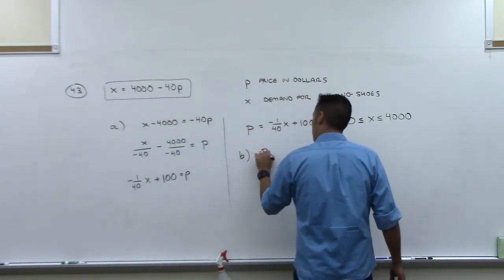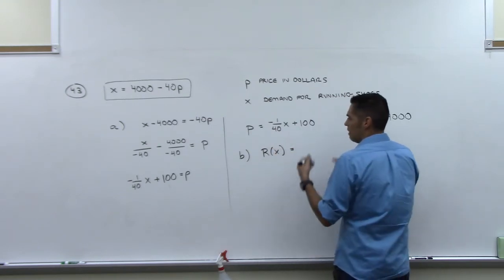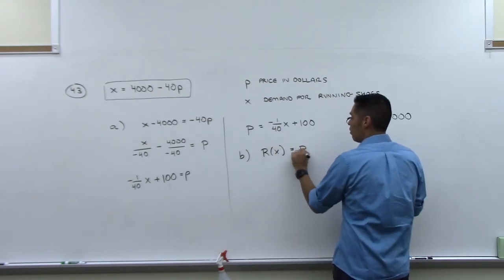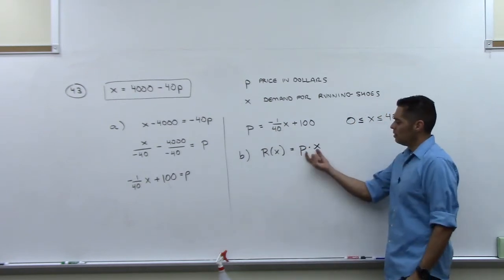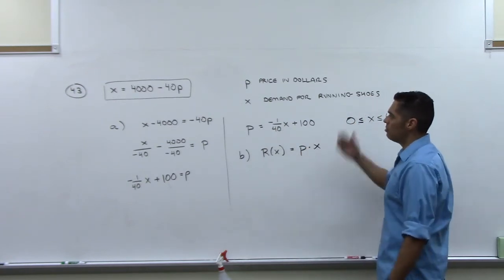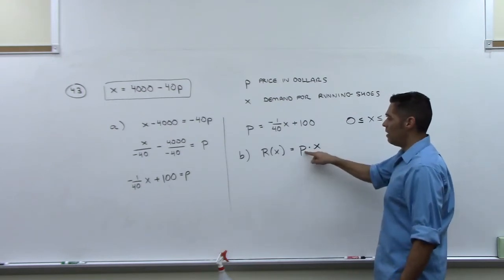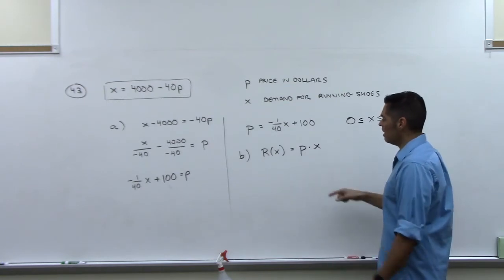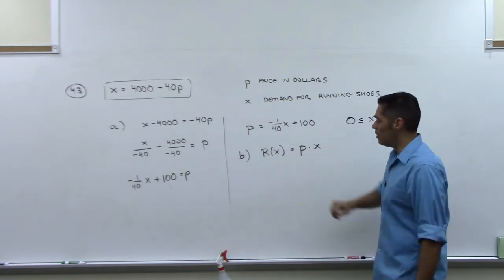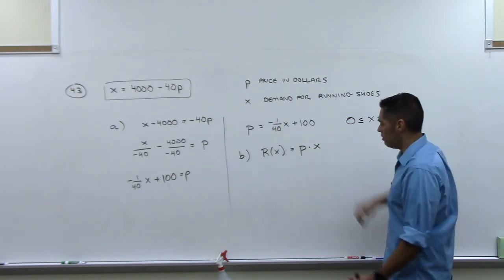Revenue, by definition, is the price you're going to sell your units for, which is P, times how many units you sell. So if I'm selling these shoes for $10 a piece, and I sell 20 of them, it's going to be 10 times 20, that's how much my revenue is going to be. So this is the generic formula for revenue. If we know the price, X is the number of units we sell, this is what we use.